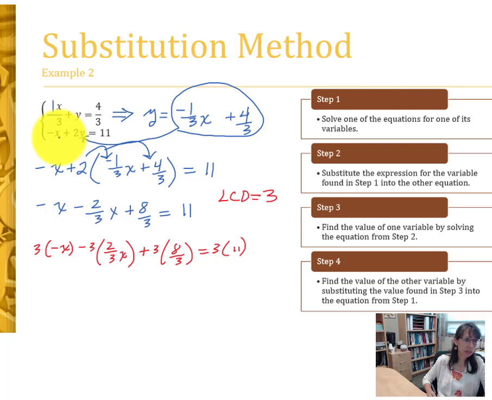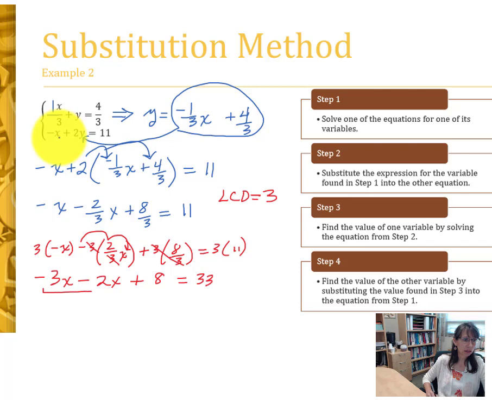So when I multiply 3 times negative x, I'll have negative 3x. And then notice how these 3's are reduced, and I have negative 2 times x. So that's minus 2x. These 3's are reducing, so I just am left with positive 8. And last, equals 3 times 11, or 33.